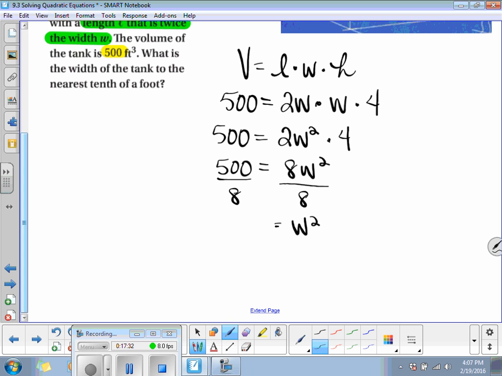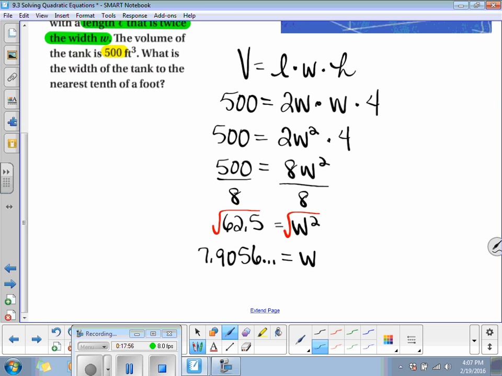So W squared is going to be equal to 62.5. And now we can take the square root on both sides, and we end up with W is equal to 7.9056 something.